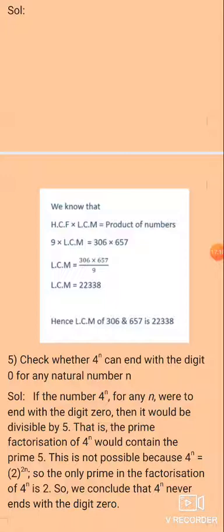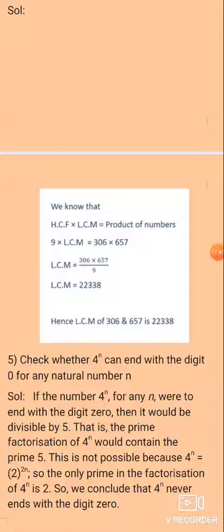So listen, if the natural number 4 raised to n were to end with the digit 0, then it would be divisible by 5. That is, the prime factorization of 4 raised to n would contain the prime factor 5. If it is divisible by 5, 5 must be a factor of that number.